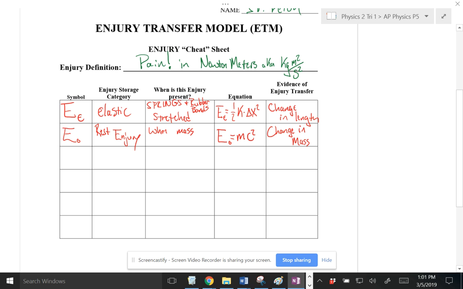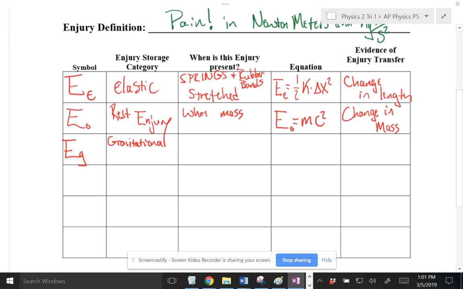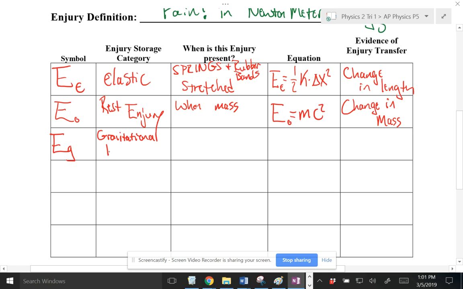And then some of the other ones that we're going to need, we talked about these a little bit last time. E G is gravitational. Why am I making that box so small? That's dumb. Gravitational interaction. When is that present?